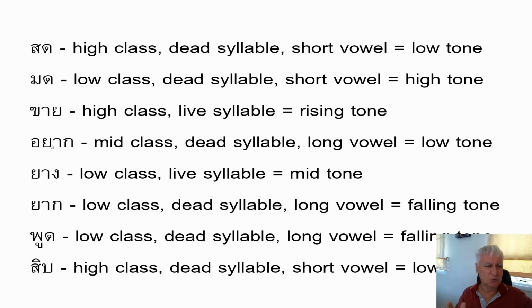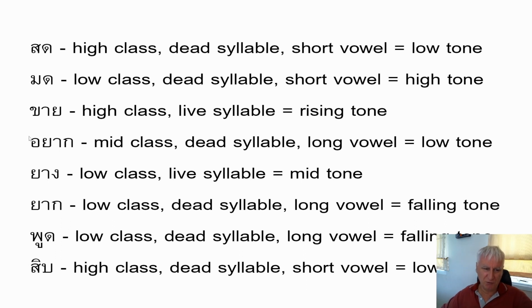And the actual sound of the initial sound of that word is the Y, the yor yak. But the actual initial consonant is this or ang, and it doesn't make any sound again. And if we didn't have that, then the initial consonant will be the yor yak, which is low class. But to get the low tone that we want, it needs to start with a mid-class initial consonant.